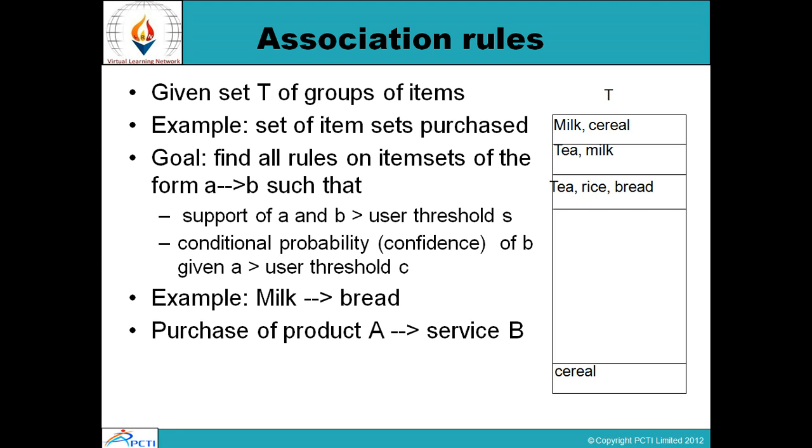The goal is to find all the rules on the item set of the form A tends to B, such that if the support of A and B is greater than the user threshold S, then the confidence of B given A is greater than the user threshold C. For example, a tendency to purchase milk leads to the purchase of bread also. Similarly, purchase of product A requires the service of product B.